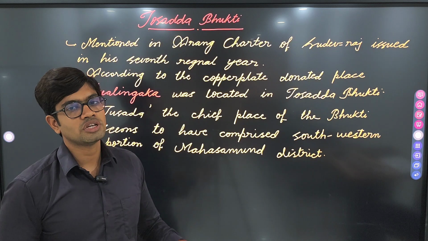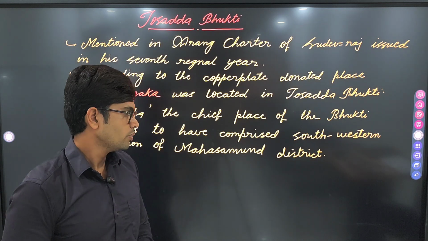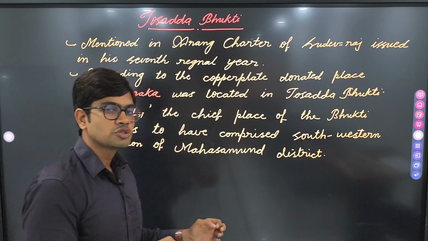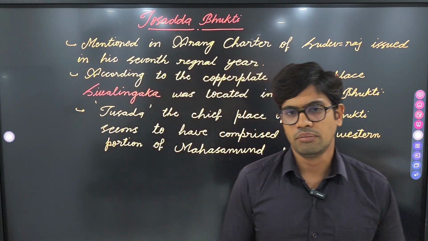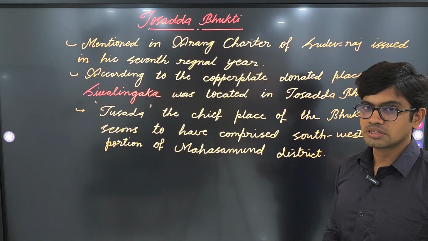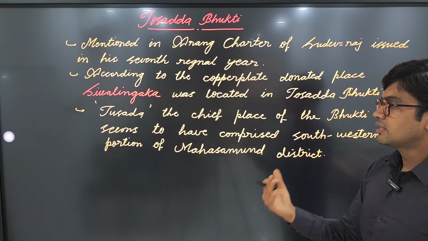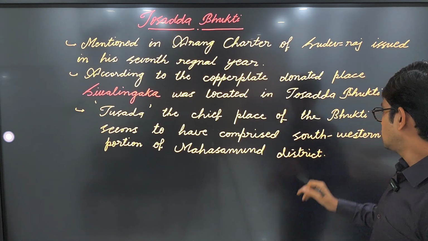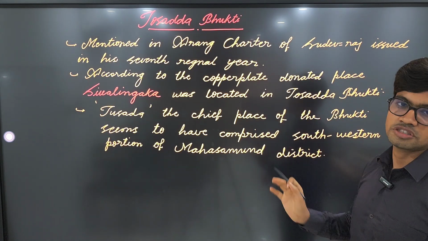This is a very curious fact, and a very important one also. As far as Tusada Bhukti is concerned, it is according to scholars like Malti Mahajan. Malti Mahajan is a very good scholar who has written extensively about Chhattisgarh. According to Malti Mahajan, this place Tusada comprised the southwestern portion of Mahasamund district.